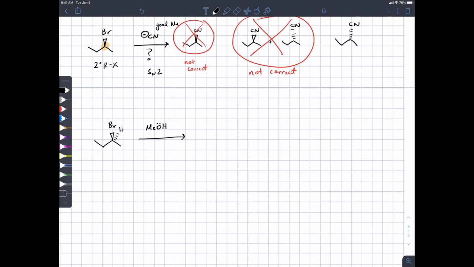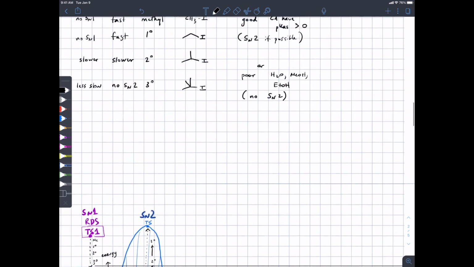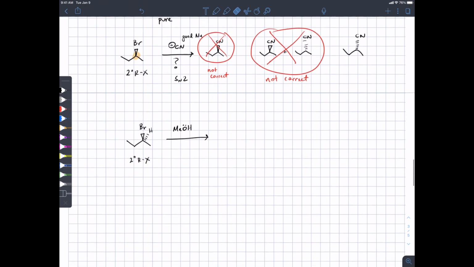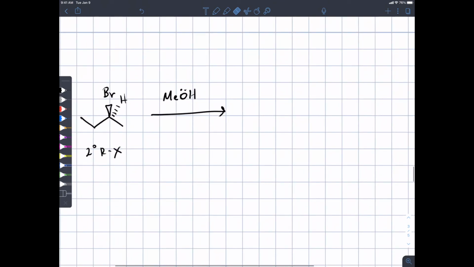So for this same starting material, this chiral pure alkyl bromide, it's a secondary alkyl halide, so we go back and remind ourselves that both SN2 and SN1 are possible. So we look at the nucleophile. In this case the nucleophile is methanol, which is a weak nucleophile. So we decide the mechanism would need to be SN1.